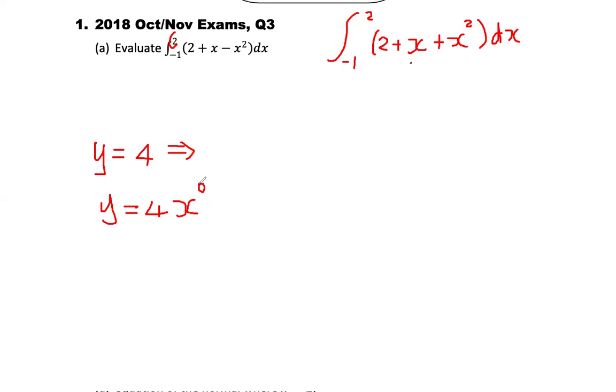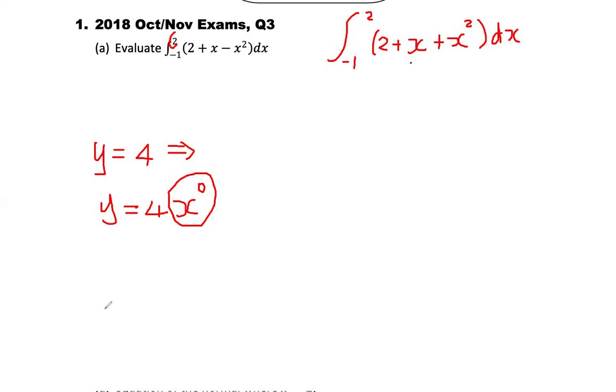That's a principle I'm actually following here. So whenever you see a number just written, bear it in mind that that number has got a variable, and that variable is raised to power 0. Once you understand this point, you never go wrong.